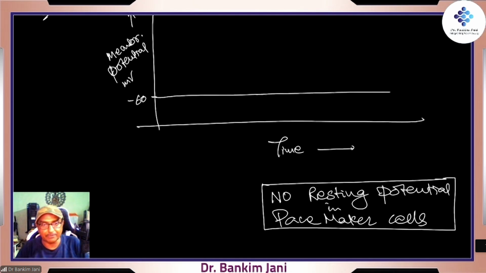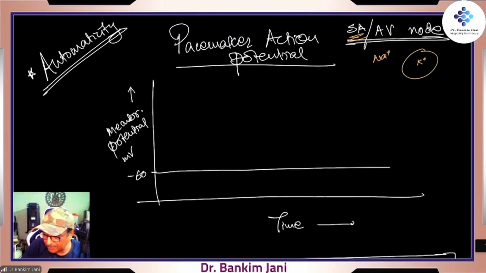Then there is what is called the funny channel or the funny current. So here, this is our cell. In this cell, slowly, gradually, sodium is entering. As the sodium enters, we always consider the cell as if we are sitting inside the cell and watching how positive we are.